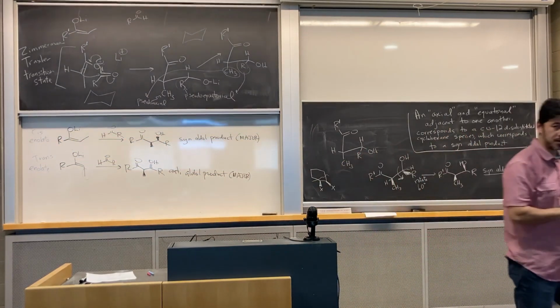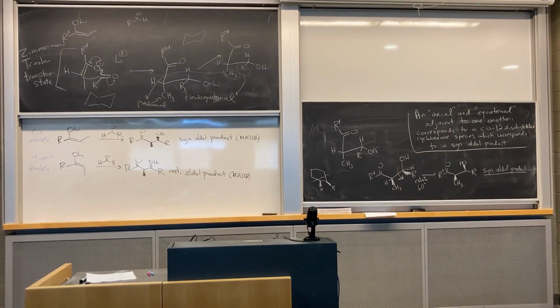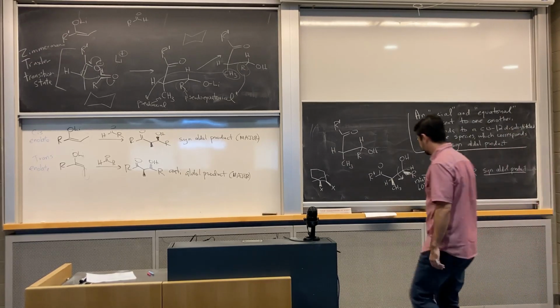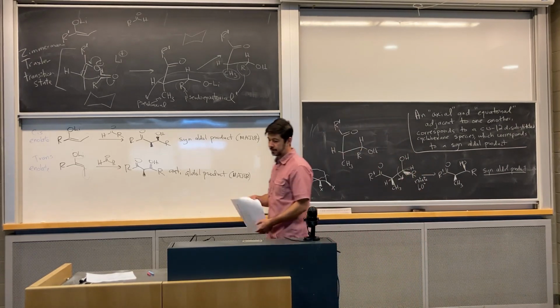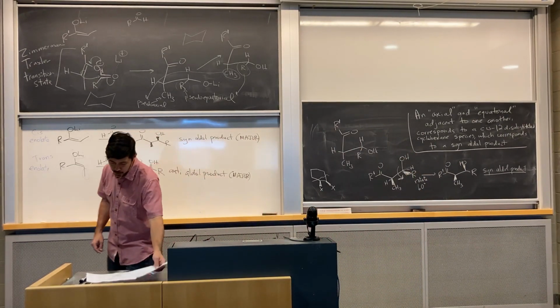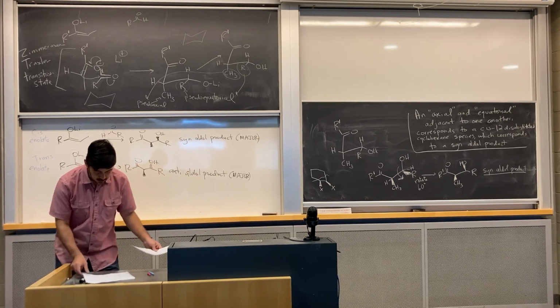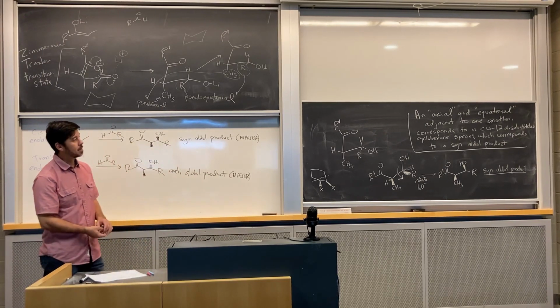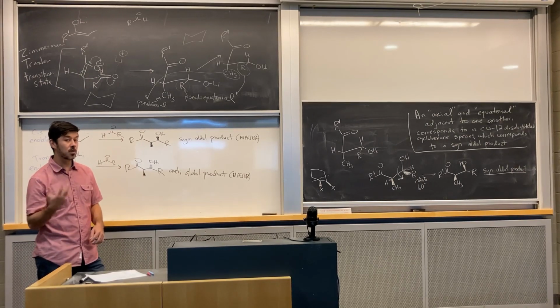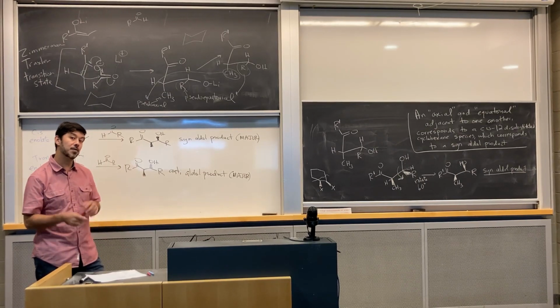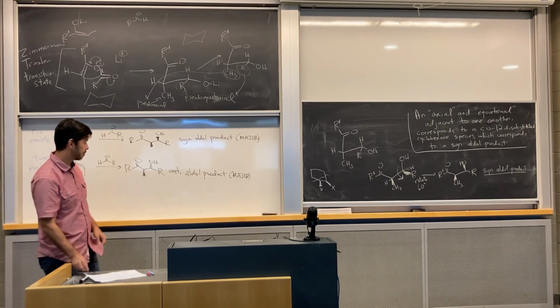I'm not going far. All right, good stuff. So let's look at the chair transition state of a trans-enolate and see what that looks like and how that will give us the anti-aldol product.